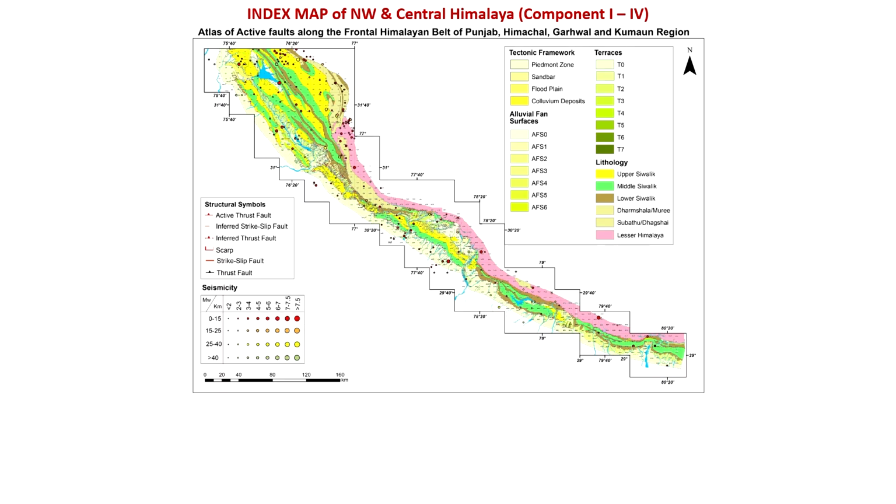So, we have included in this map all geomorphic features and active faults. Since the aim of this exercise was to put all information on a digital platform, we generated the complete map on a GIS platform.